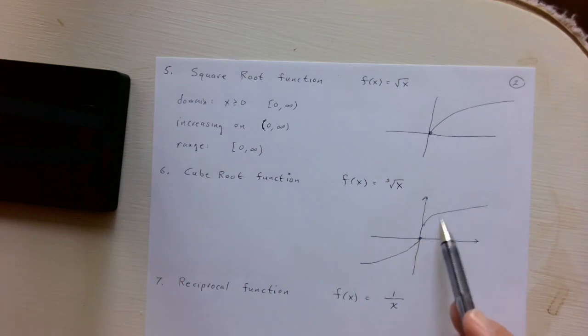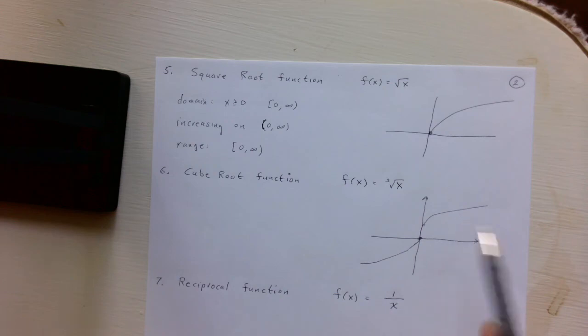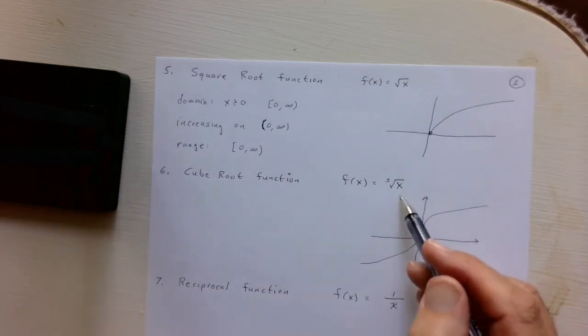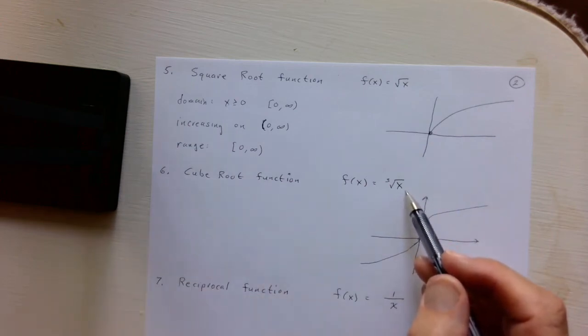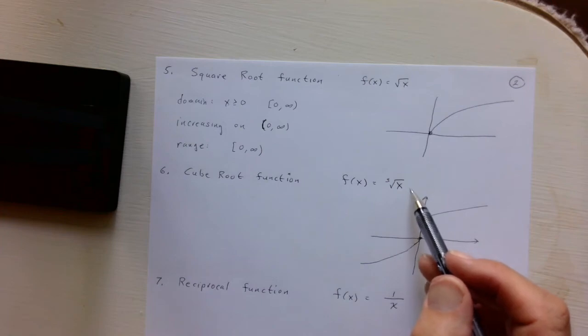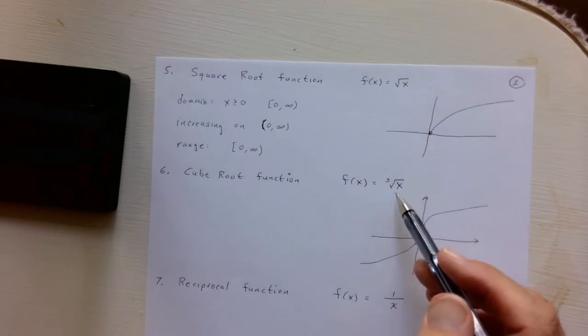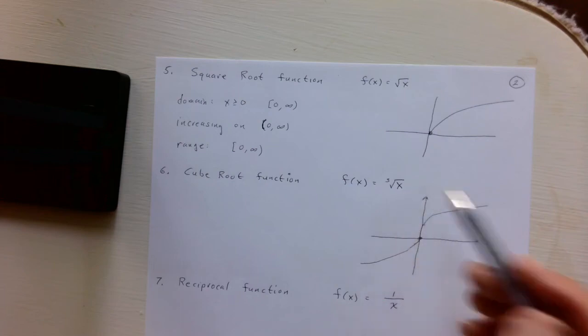And it shoots off, but it doesn't shoot off as fast as it does for x cubed. So again, we can say the domain is everything, because we can take the cube root of any number, unlike the square root. For example, the cube root of -1 is -1.